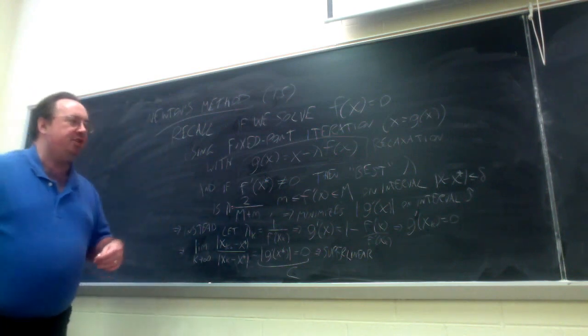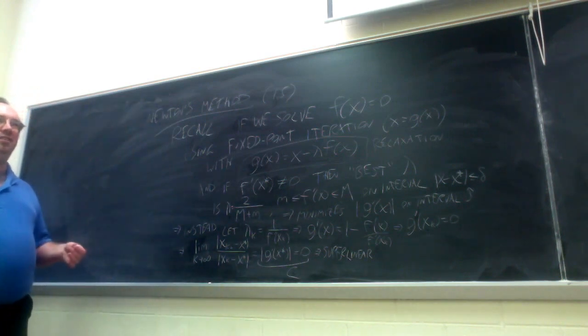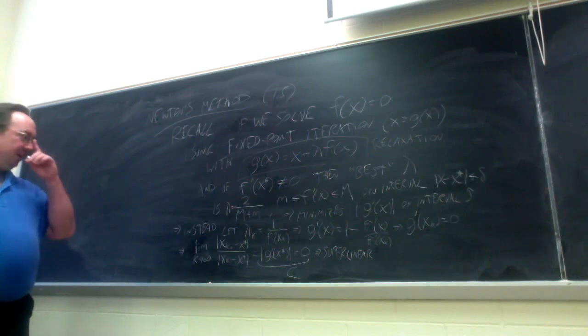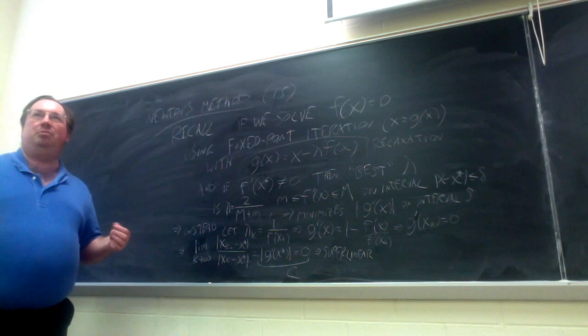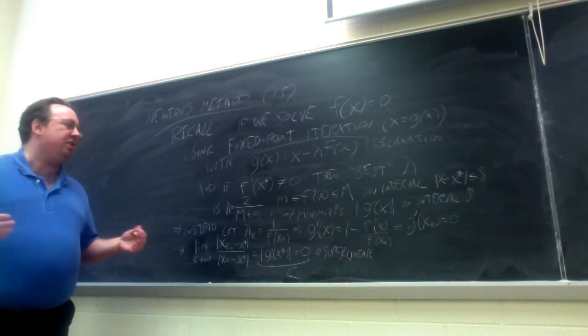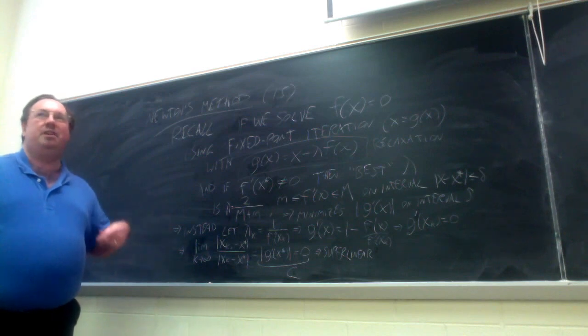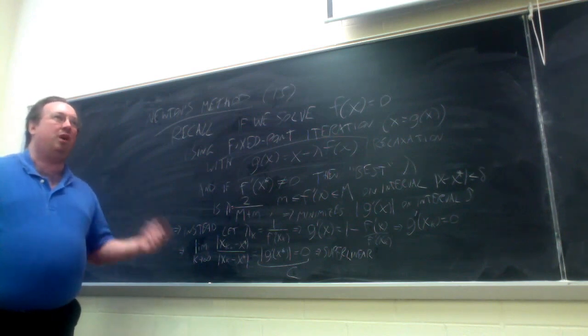So we're changing the g from one iteration to the next. So that's what gets us this faster convergence. Normally in fixed point iteration, you think in terms of using the same g, but now we're going to define g in terms of not just f, but f prime.